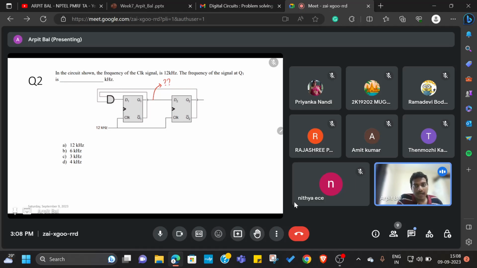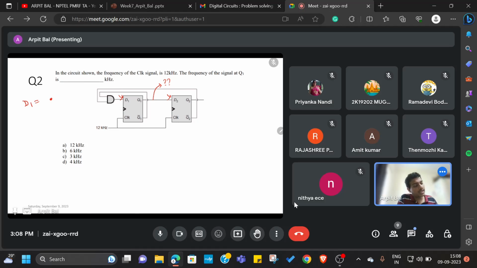Before we attempt to solve questions like this, the first step should be to figure out the equations for D1 and D2. For D1, I can see there's an AND gate, so let me put a dot.